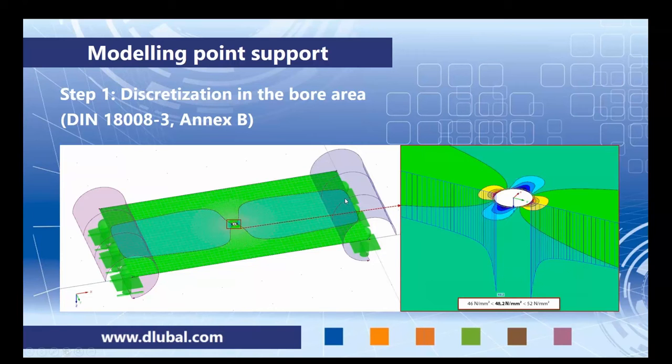Here, the standard defines a specific model with a given load and an accurately defined borehole, and the FE mesh has to be refined. You see that here. Until the internal forces are within a certain range between 46 and 52 newtons per square millimeter. We get to 48.2, which is well within this range.